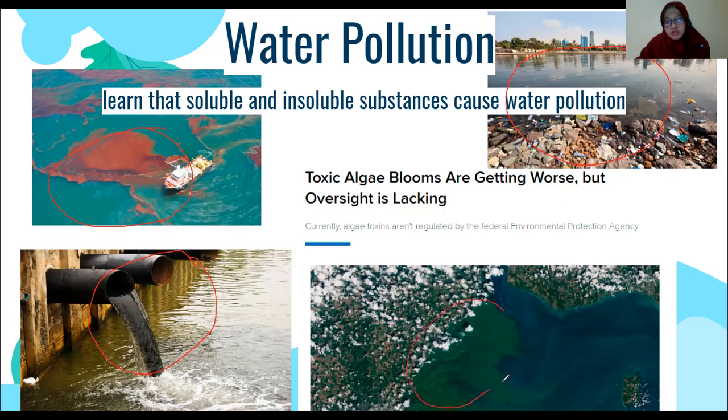So this green part is the blooming algae, and this blooming algae causes the water to become green, and the water cannot be consumed because the water is poisoned by the algae.